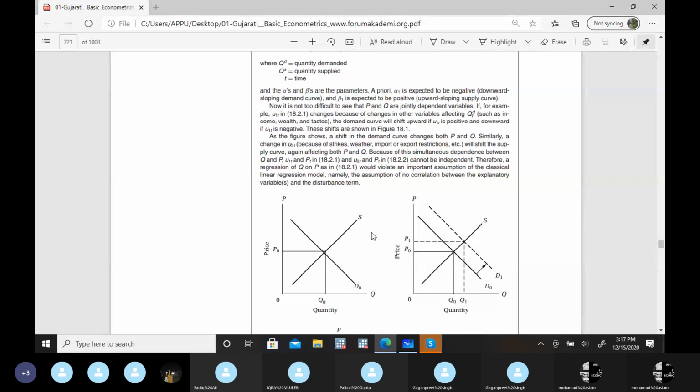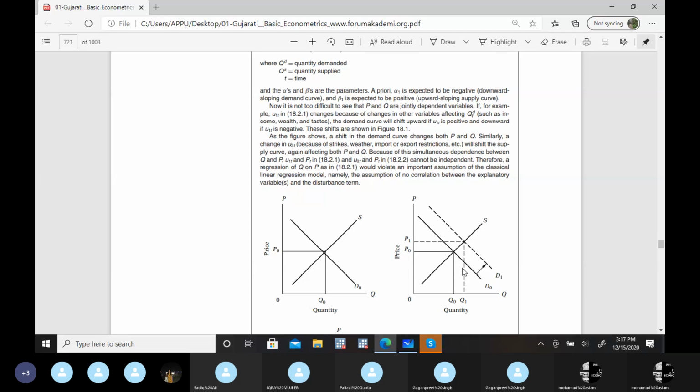But we know that because we have some theoretical background that quantity demanded and price have a negative relation, and quantity supplied and price have a positive relation. So based upon some theoretical background, we are trying to guess whether it's a demand function or a supply function.